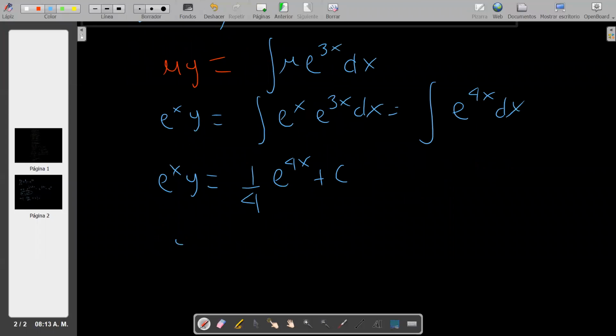And then we solve for y. We have 1/4 e to the 4x divided by e to the x, or what is the same, e to the 4x minus x, which is equal to 1/4 e to the 3x plus c e to the negative x. And this is the solution.